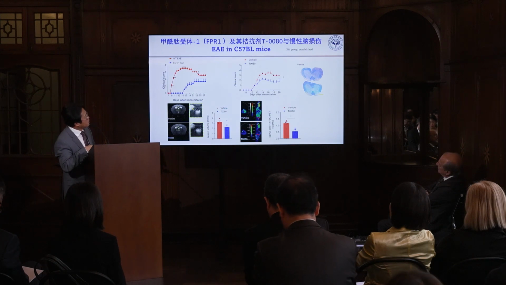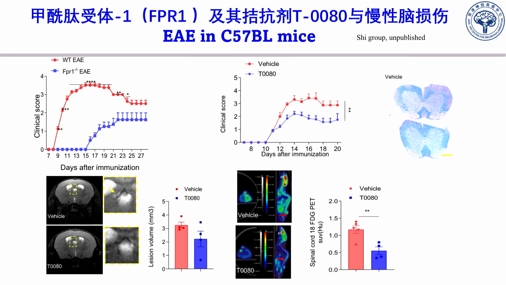Then we moved on to knock out FPR1. Here is one of the models mimicking an acute attack of MS in a C57 black mouse. When we genetically eliminate this gene, the neurological deficit is attenuated. Also, when we adopt this small molecule blocking this pathway, we basically reproduce what we see in the knockout situation.